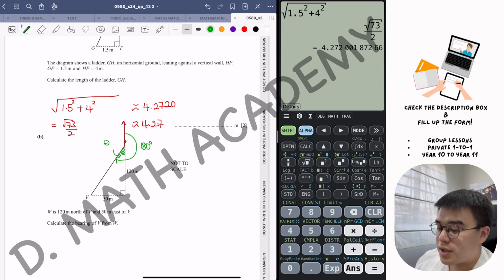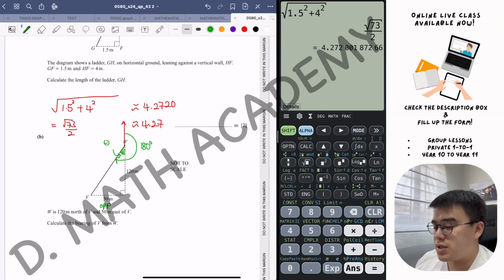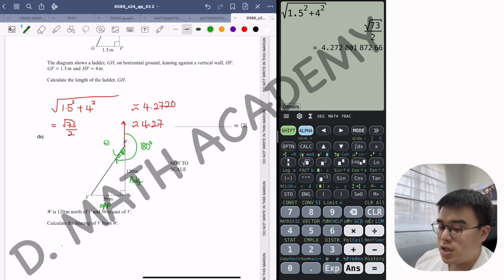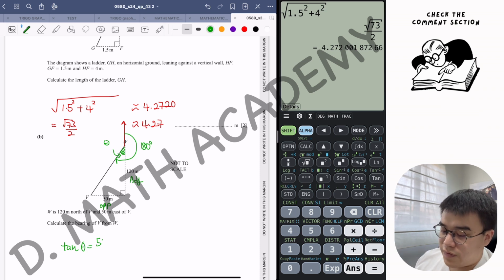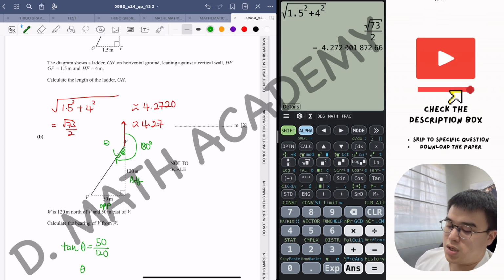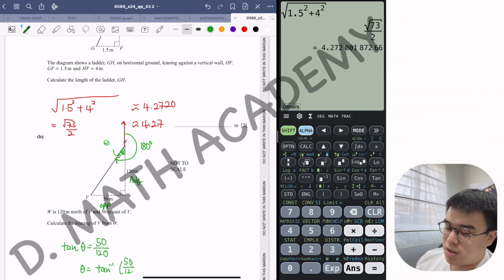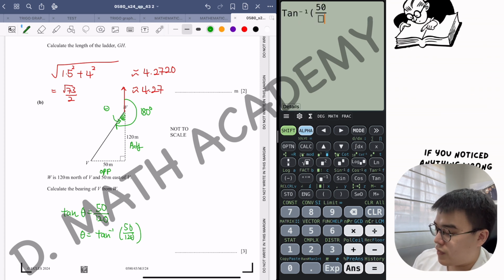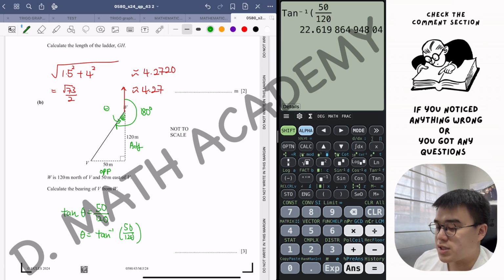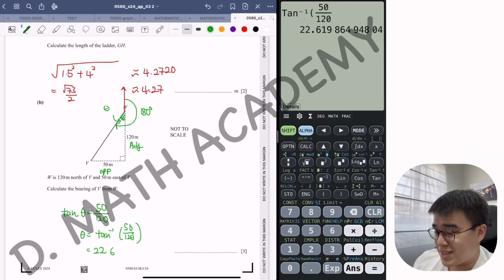So looking at the triangle, this 50 is the opposite, this is the adjacent, so tangent theta equals 50 over 120. So to find the theta value, tangent inverse it accordingly, answer should be how much? So tangent inverse 50 over 120, forming the answer as 22.6.